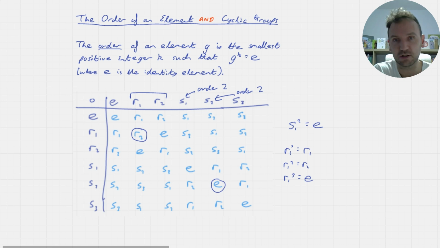Because R1 to the power 1 definitely wasn't the identity, R1 squared still wasn't the identity, but R1 cubed is the identity, we'd say that R1 has order 3. If we think about what's going on geometrically, that should make complete sense. If you take a triangle and rotate it by 120 degrees, you're going to have to do that 3 times before you get back to having done nothing overall, which is the identity that we want. So that's a more intuitive sense of what we mean by the order of an element.